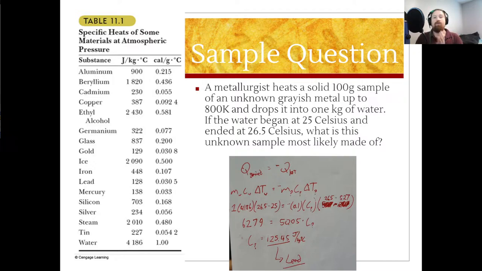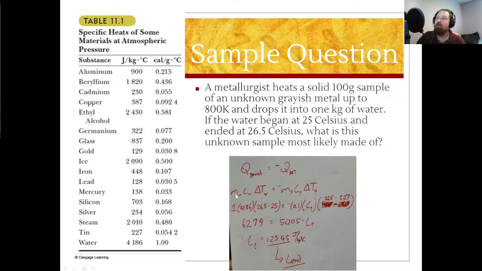So the tactic here is we're going to use Q equals MC delta T and Q gained equals negative Q lost, combine them again like we did before, the goal being to solve for the specific heat of our unknown material. I've set things up very much the same way as before. On the Q gained side, we replace that with the information of the water, since in this exchange the water is going to gain thermal energy from the hot metal.